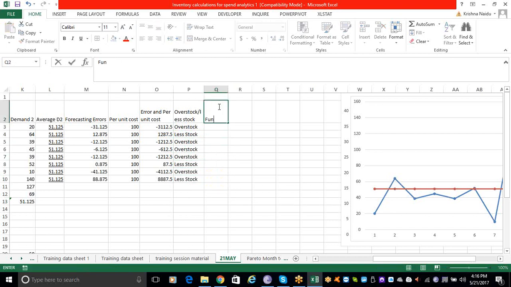What is the financial outcome? This is spend leakage, or you have the spend leakage or revenue leakage. You have to tell me two scenarios. Overstock is spend leakage. Less stock is revenue leakage.